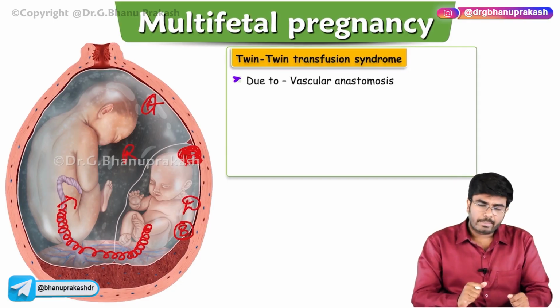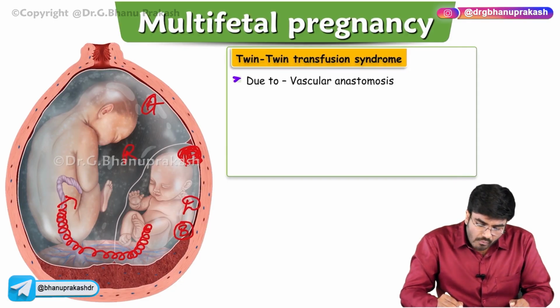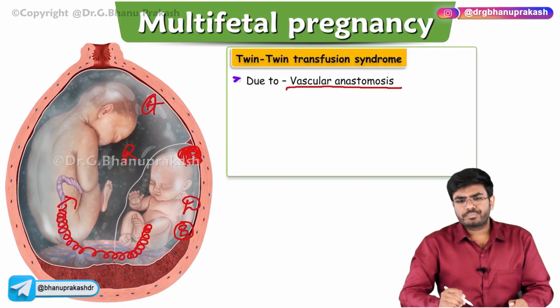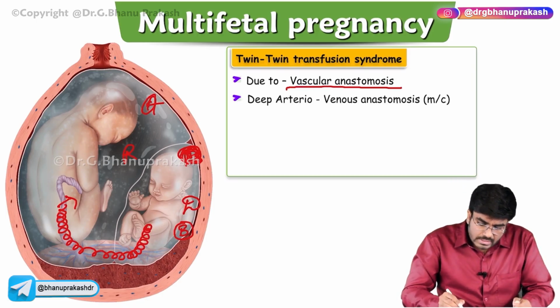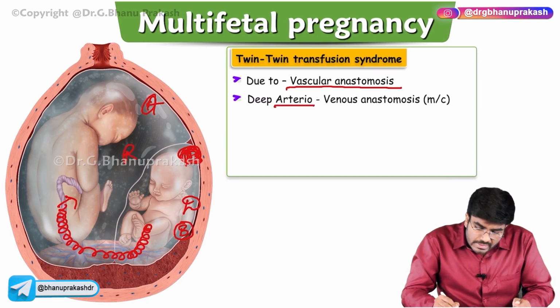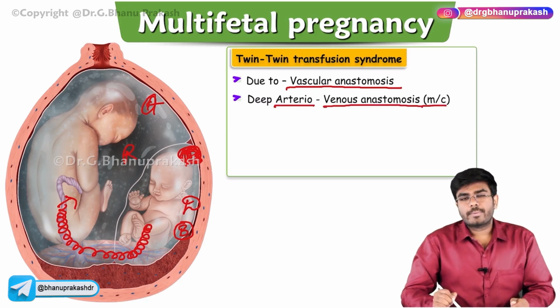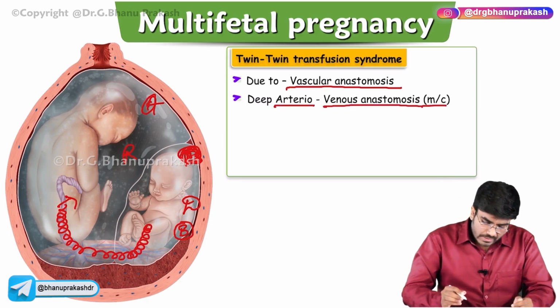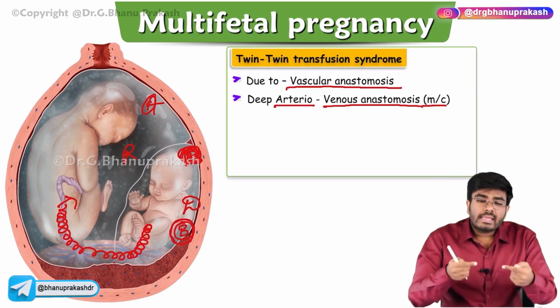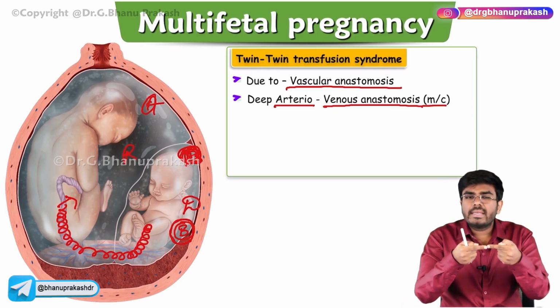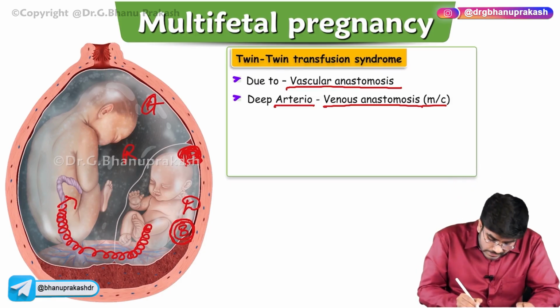So why is this happening? This is happening because of a deep vascular anastomosis. What kind of anastomosis? Arteriovenous anastomosis, the most common type. What exactly do I mean? The artery of this baby B is abnormally connected to the veins of the recipient baby.